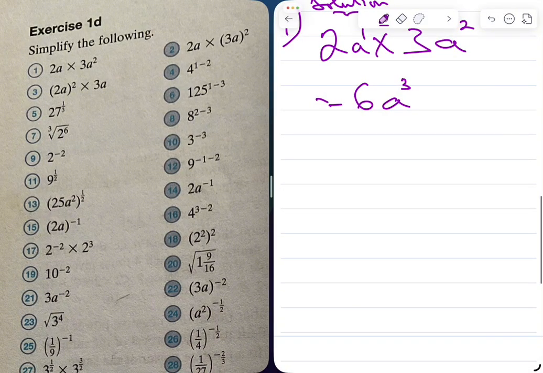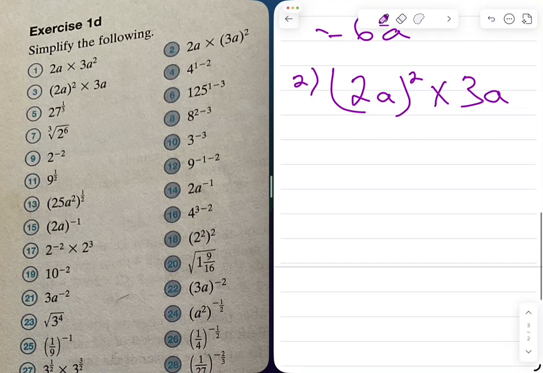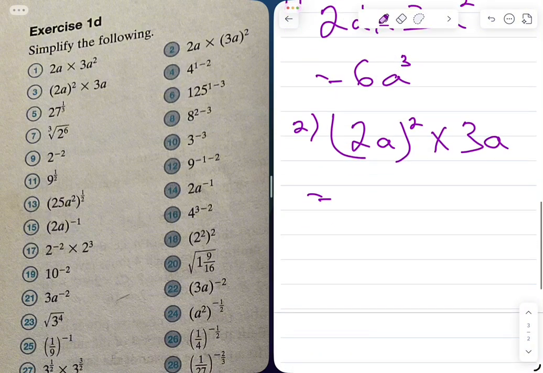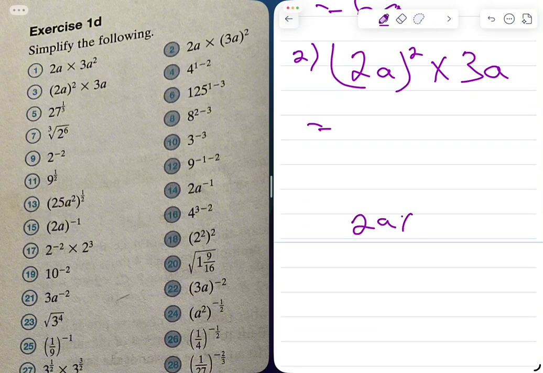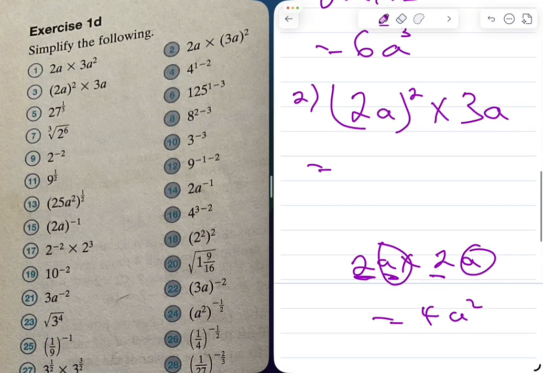Number 2, the square of 2a times 3a. That's equal to, the square of 2a simply means 2a times 2a. 2 times 2, that's 4. A times a, that's a square. So when it is written this way, you square everything inside the bracket.